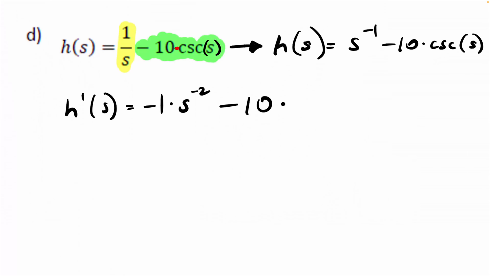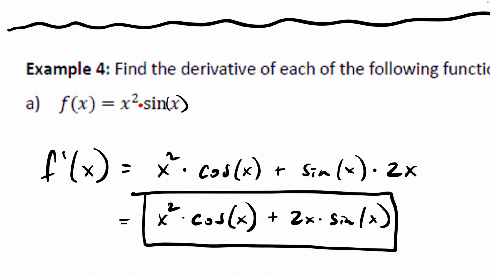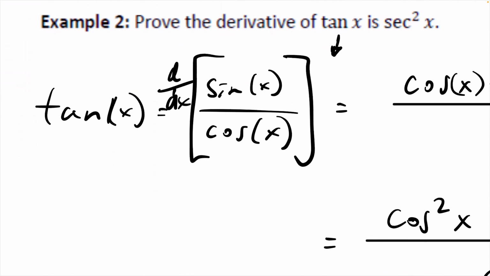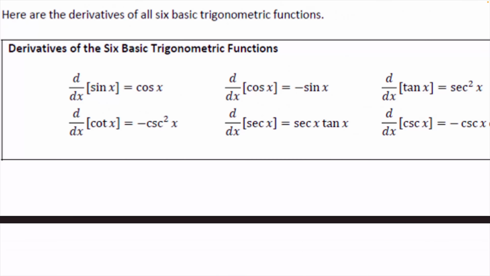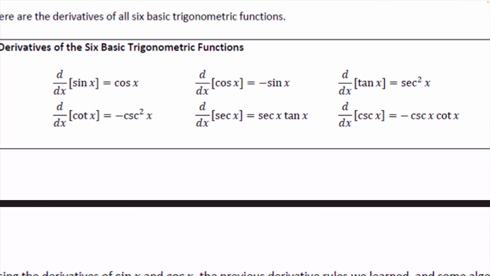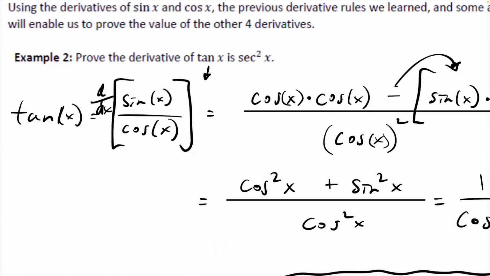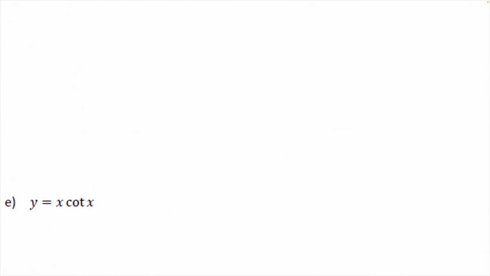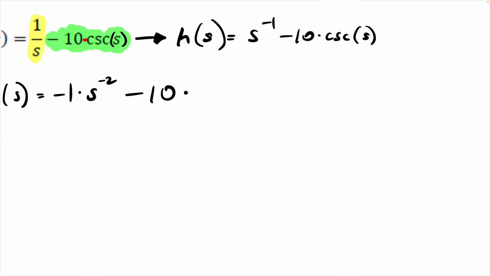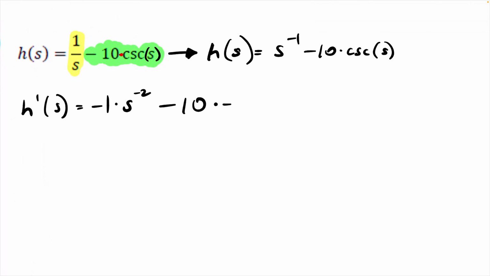What's the derivative of cosecant? Negative cosecant times cotangent. There you go. It's right here at the bottom of the first page. Negative cosecant times cotangent. So we're going to write negative cosecant of s times cotangent of s.